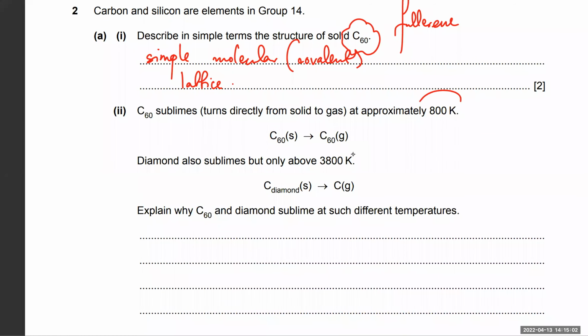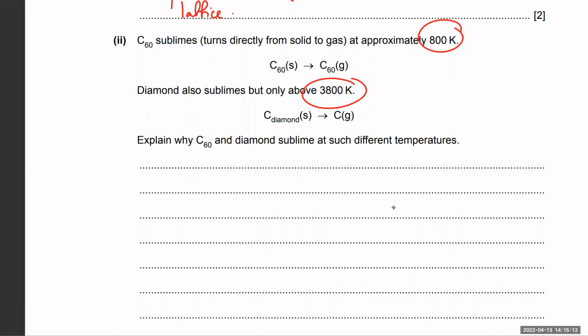So there's a huge difference between diamond and this C60. Explain why C60 and diamond sublime at such different temperatures. So first thing is, diamond. Diamond is a giant covalent structure with lots of strong covalent bonds, which require a lot of energy to be broken. So for diamond, it's easy. Why is it having such a high melting point or boiling point?